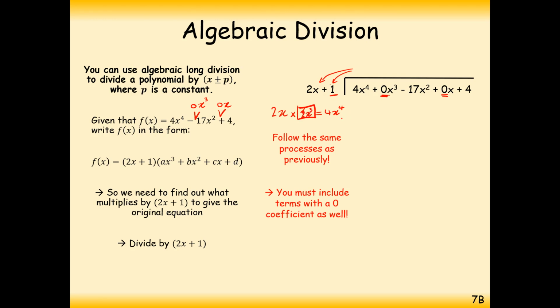Because 2 times 2 will give us a 4, and x to the power of 1 times x cubed will give you x to the power of 4. So you're going to put 2x cubed on the top, and you're going to use a bracket here and subtract. Now, 0x cubed minus 2x cubed will give you negative 2x cubed.